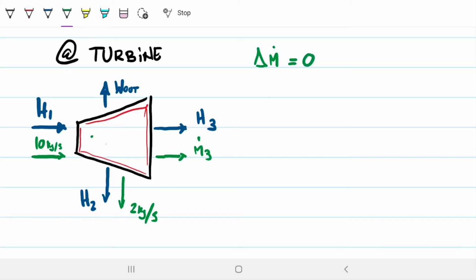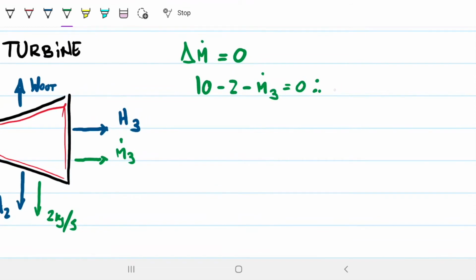That is, we're not accumulating water inside this turbine or decreasing the amount of water that is there to start. All the mass going in is eventually coming out. So the things going in, that is a 10, minus things going out, that is a 2 and the mass flow rate 3, has to be equal to 0, which in turn means that the mass flow rate 3 has to be 8 kilograms per second.